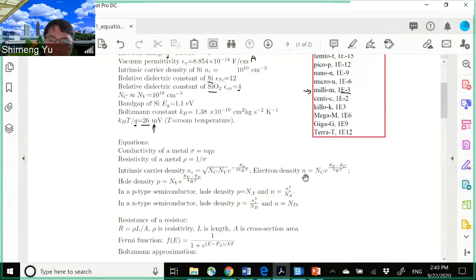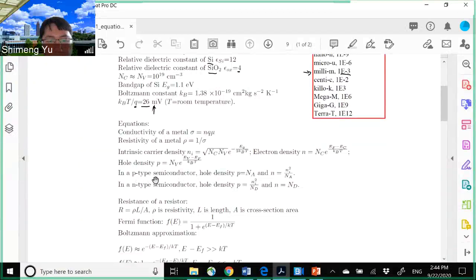And then for the electron density, we use the Fermi statistics. We have this equation: n equals Nc times the exponential of the relative distance between the Fermi level and the conduction band edge EC. And similarly for the hole, it's related to EV, the valence band edge. For the p-type semiconductor, we have doping, the acceptor density Na, and one acceptor contributes one hole, so the hole density P equals Na.